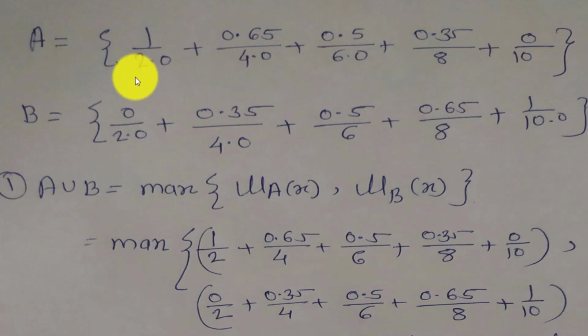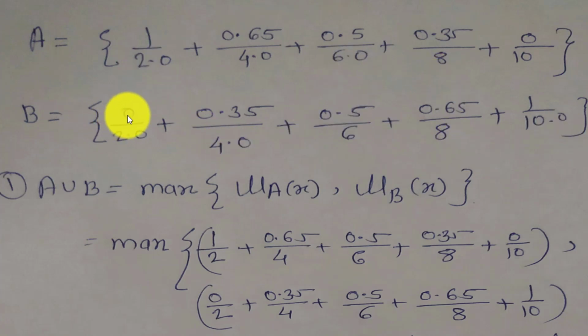Here you can observe that in set A and set B the denominator is the same. While we are performing any operations like union, intersection and complement, the condition is that the denominator must be the same. Here you can see set A and set B have the same denominators, that is 2, 4, 6, 8 and 10.